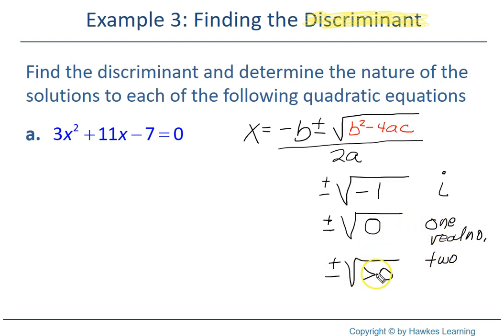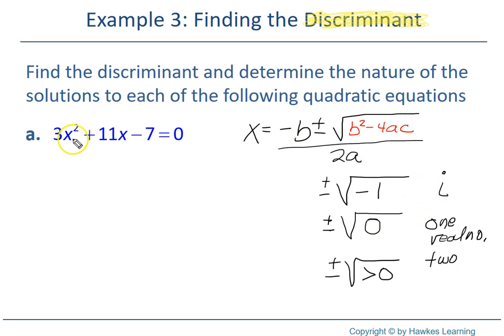Now, in some cases, they would be irrational if this wasn't a perfect square, or if this were a perfect square, they would be rational values. So, just what you have under the radical sign, which is called the discriminant, determines the kinds of solutions you're going to get. And this is the background of what we're looking for.